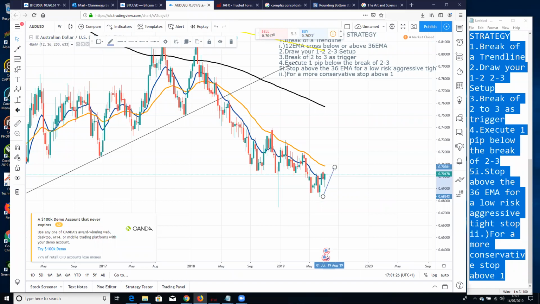The long wick downward towards the EMA. Which of the EMA? Targeting the 36 EMA. All right. So if price is targeting the 36 EMA, which direction is it going?